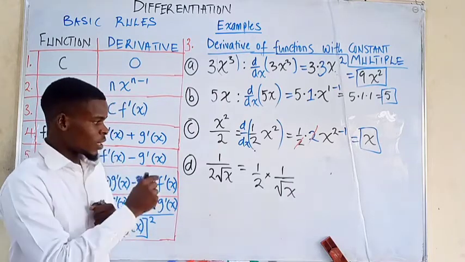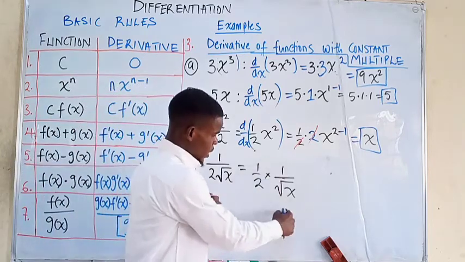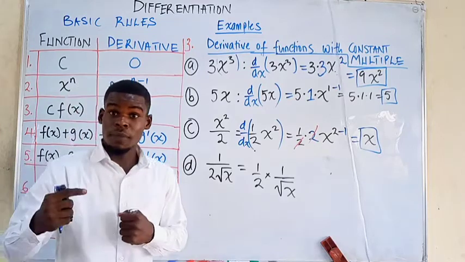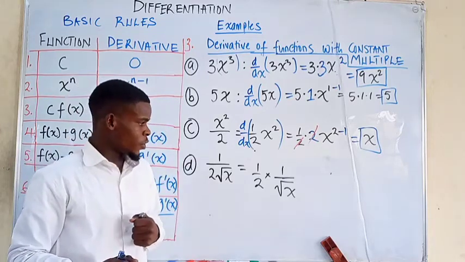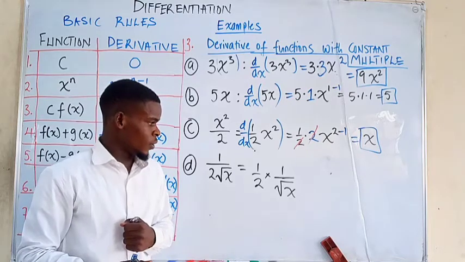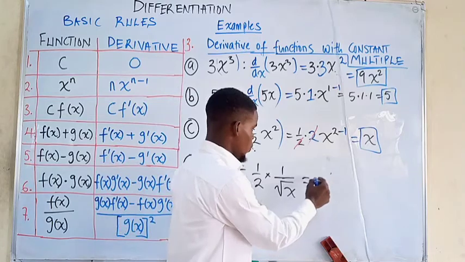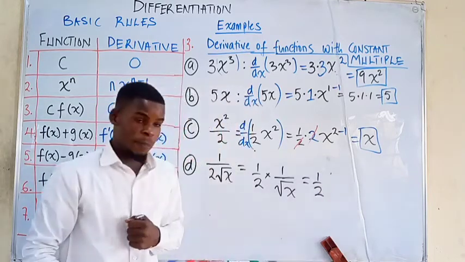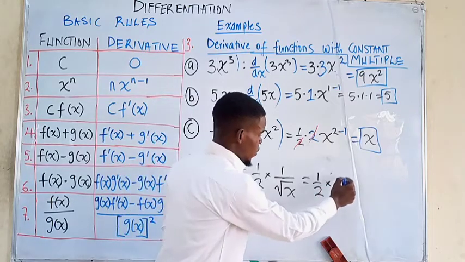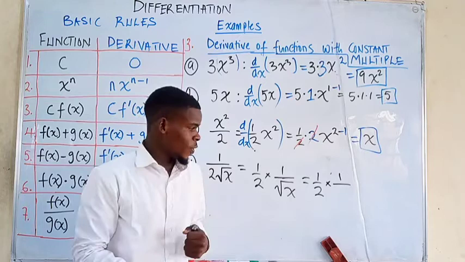So we've got the constant multiple in front, and then we need to get this straight, all right? We can take that to a power form, that is x raised to some power, if we perform some exponent rules on that. Good. Well, here, I'm going to rewrite this as, I'm going to put down the 1/2, and then 1 over, times 1 over, this square root of x can be written as x raised to power 1 over 2, right?